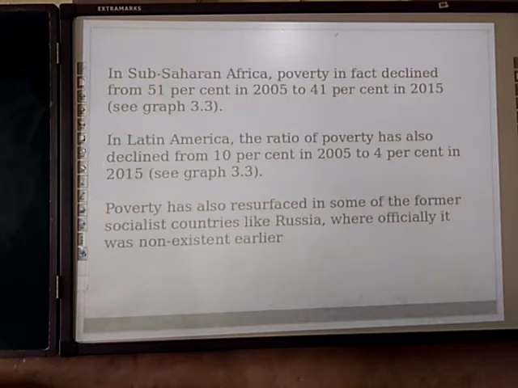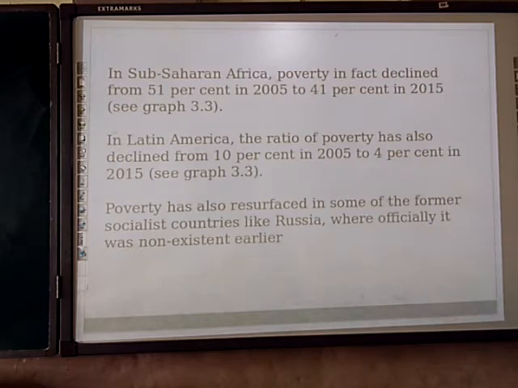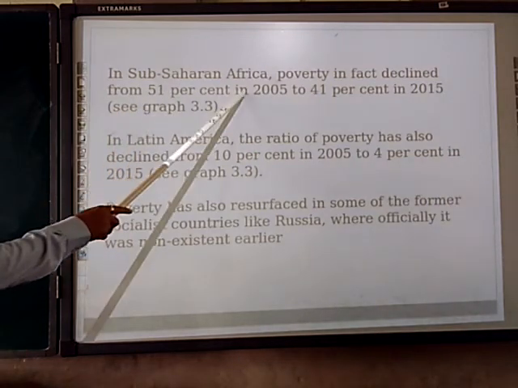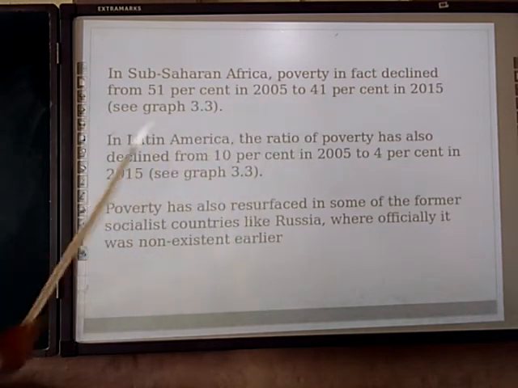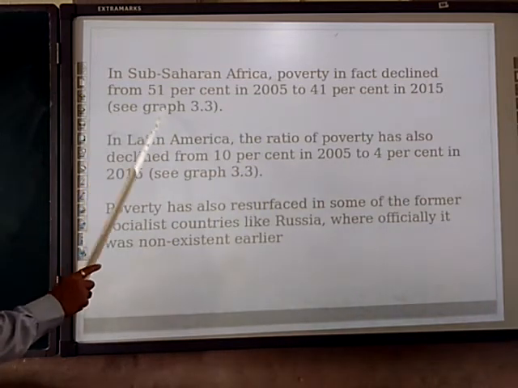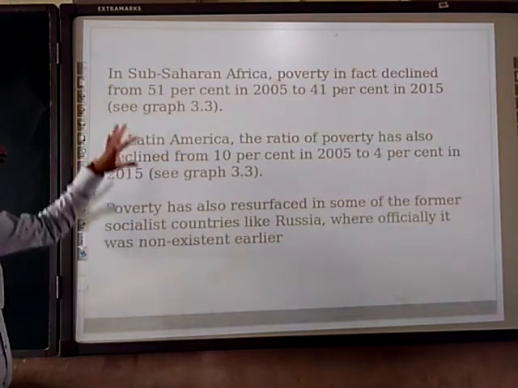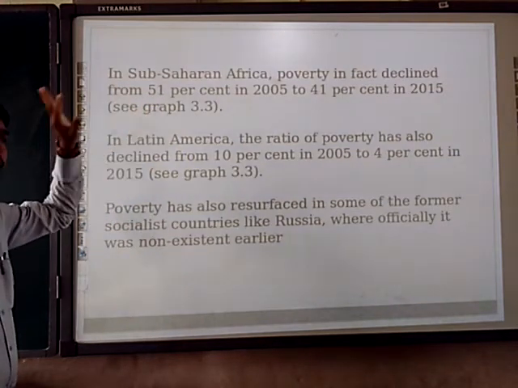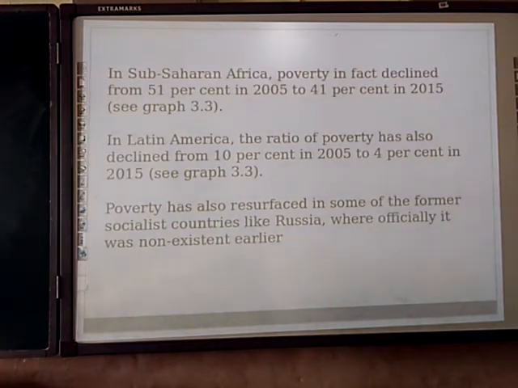Moving further, in sub-Saharan Africa, poverty in fact declined from 51% in 2005 to 41% in 2015. See graph number 3.3. All the facts and figures are placed in the textbook.